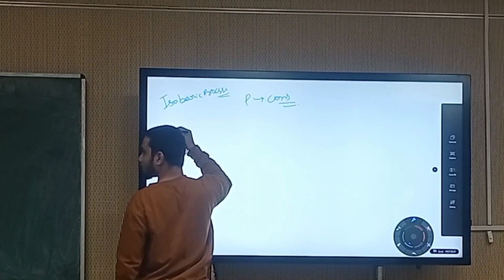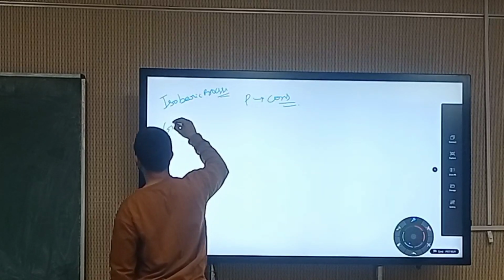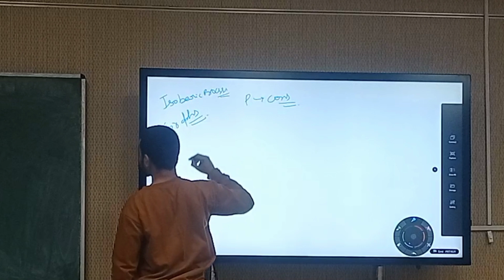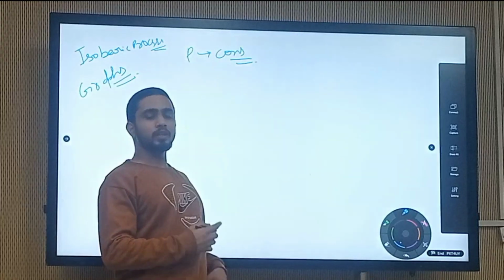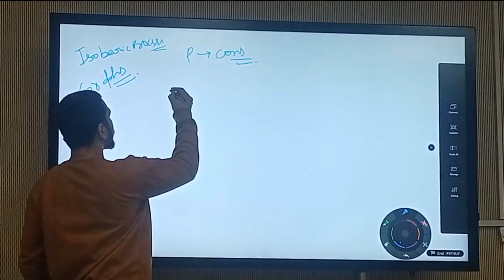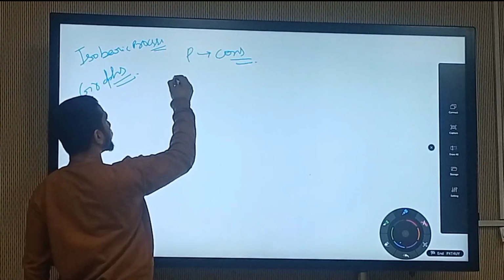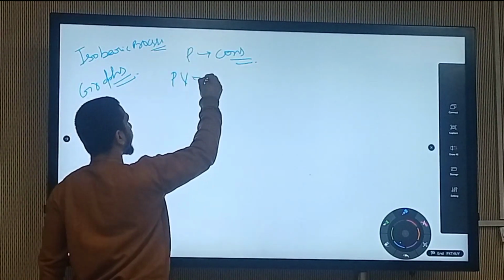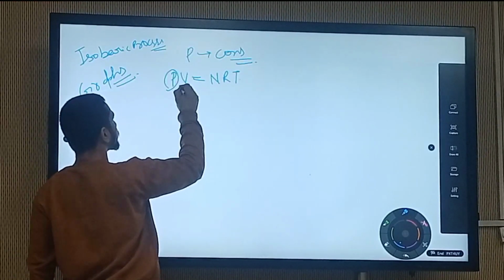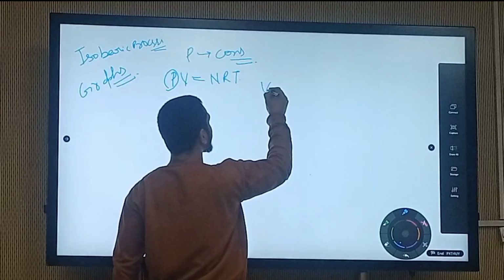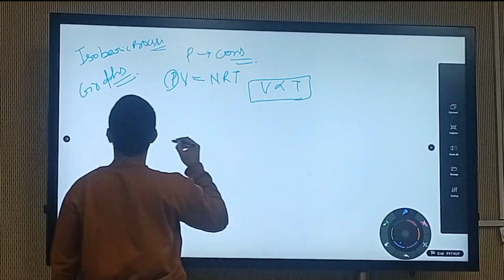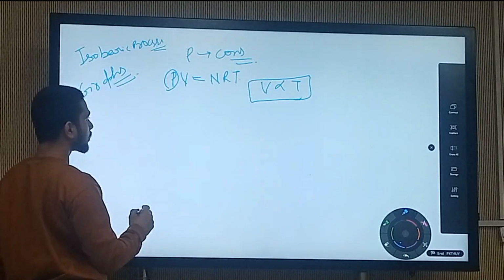So we have the general equation PV = nRT. If pressure is constant, then V is directly proportional to temperature. So volume is directly proportional to temperature in the case of the isobaric process.